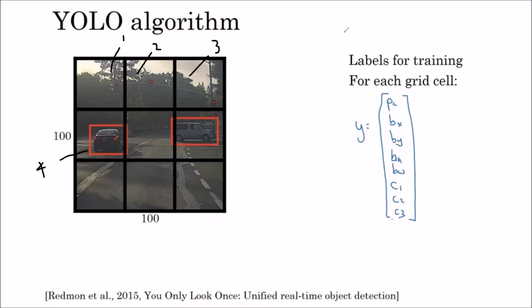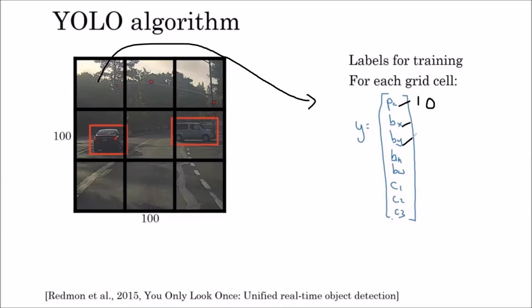Now, for labeling the output, we consider the same 8 elements we have taken previously for Y, where PC tells whether a pedestrian, car or motorcycle is present. These are three classes; if any class is present, then the PC value is 1. If no class is present, then the PC value is 0.